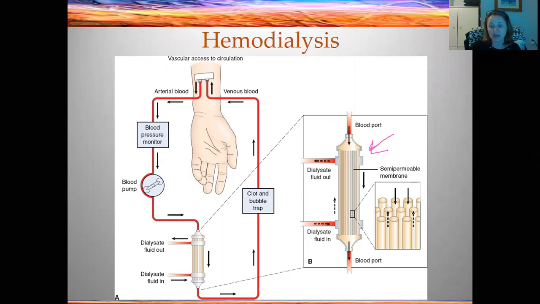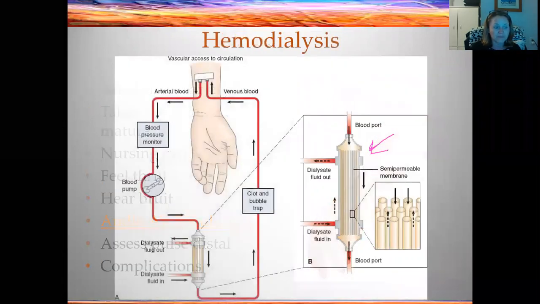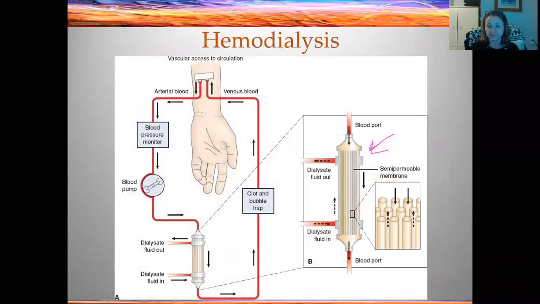In hemodialysis, blood is diverted to the machine and then through the dialyzer to get the excess toxins out. The excess toxins are filtered from the blood and then the blood is returned to the patient.